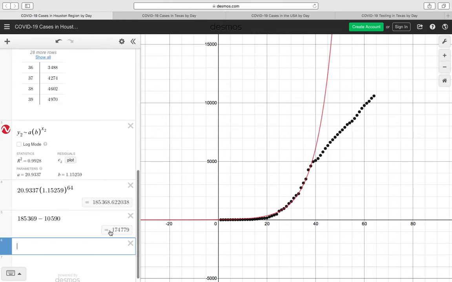And it looks like it's 174,779. So this number is the number of cases that were prevented by us taking action here.